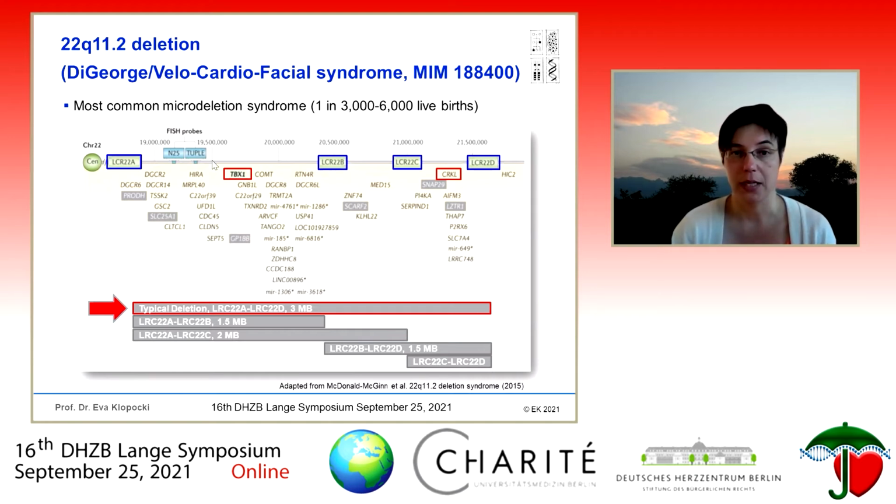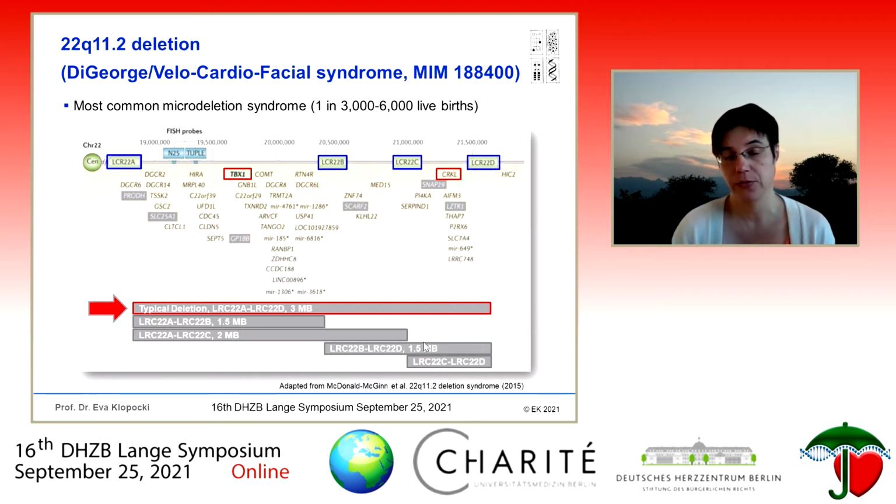The major gene is TBX1, an important cardiac transcription factor, which is included in this typical deletion, in addition to 39 other genes. You can also see that there are some atypical deletions located here in the more distal region. This is important to know because these can also have cardiovascular defects.